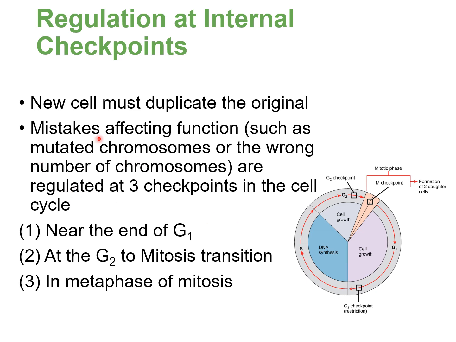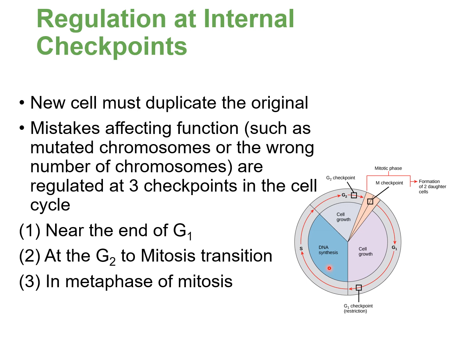So any mistakes that affect function, like mutated chromosomes or the wrong number of chromosomes, are regulated at these three checkpoints. Remember I said our first checkpoint's technically over here. That's just basically the trigger to divide, but usually what we consider the first checkpoint is here near the end of G1, where we're saying, okay, does our DNA look good enough that we want to go through this process?